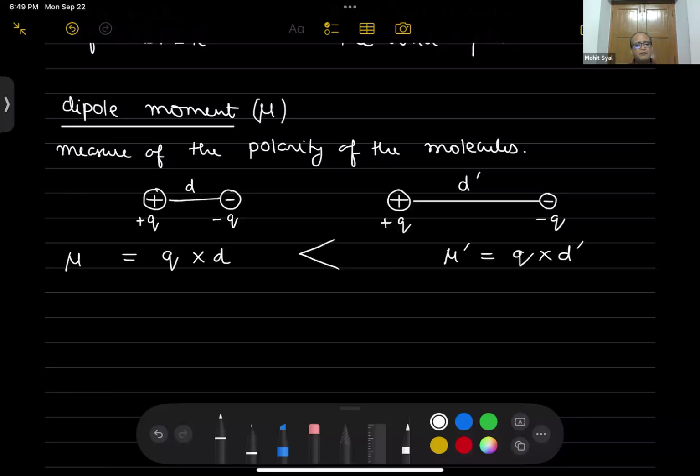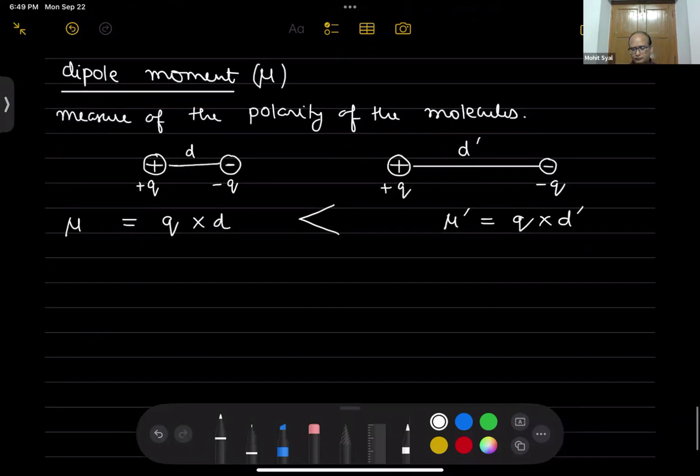The charges are same. Why more distance? The distance increases the polarity. Yeah, exactly. So same charges at more distance are going to be considered more polar. Got it? If the distance is same, the charge is more, so that is more polar. Got it? Is it clear or not? Yes, sir.